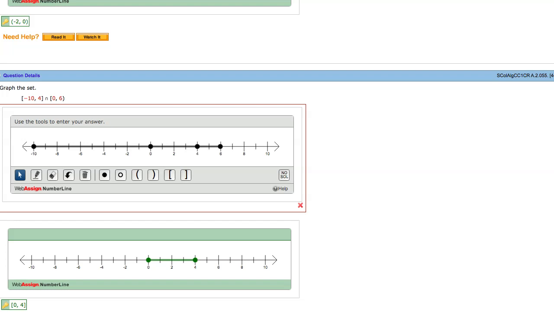Now, as long as you pass the original criteria that 0 is in -10 to 4. Now, you could do the reverse criteria. There's another criteria you could do, but you could check that 4 is in 0 to 6, right? You could either pick on 4 and see if he's in 0 to 6, or you could pick on 0 and see if he's in -10 to 4.